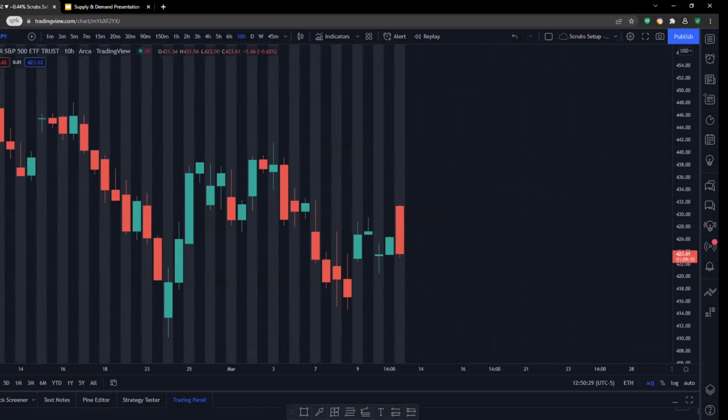Now, fun fact, when charting supply and demand on indexes such as SPY and QQQ, if you're looking for the pre-market zones, the proper zones, I would highly recommend charting ES, which is the futures for SPY, or NASDAQ, which is NQ, because you'll notice if you compare the overnight futures with the actual ETF such as SPY or QQQ, the price action is different.